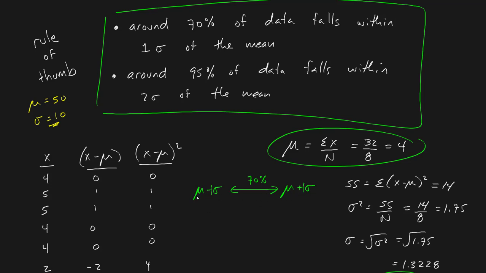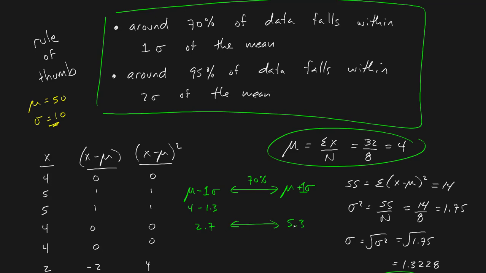So the mean is 4, minus 1 standard deviation, and this is the mean plus 1 standard deviation. So 4 minus 1.3, what's that? That's 2.7. And the upper range is going to be 4 plus 1.3, so that's going to be 5.3.